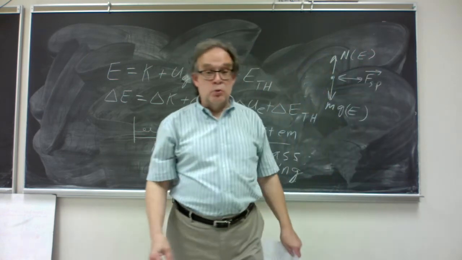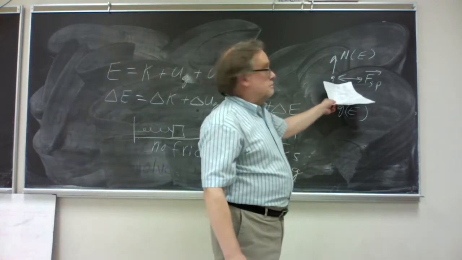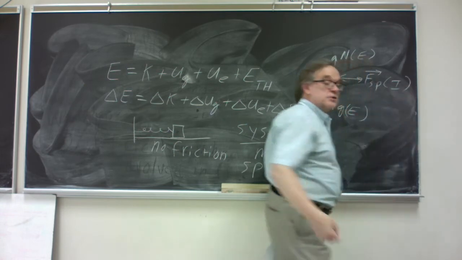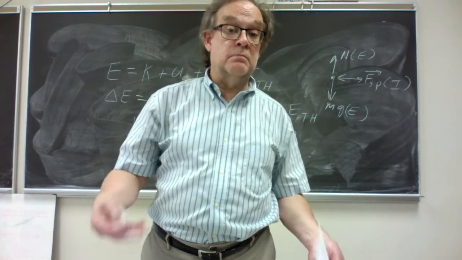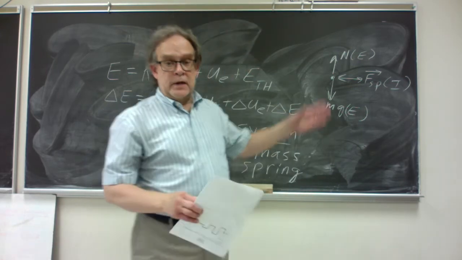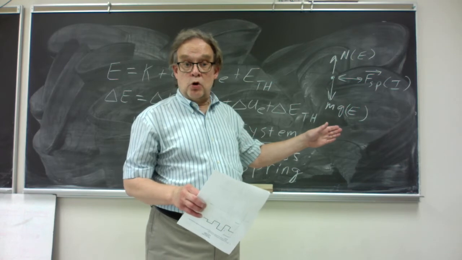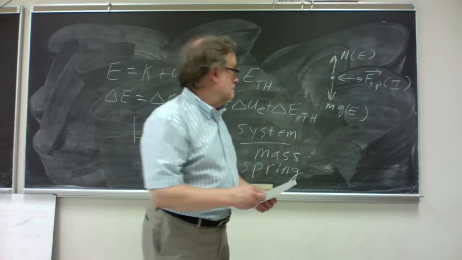It's a push from the tabletop on the mass. So in this case, you have two external forces. If either of those do any work, the total energy of the system must change.